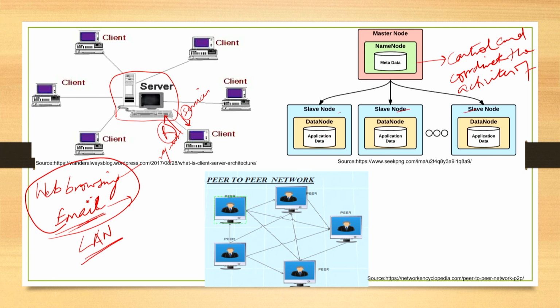Resource management, centralized control, load balancing, fault tolerance, everything is done in the master slave architecture, and it is the responsibility of the master for tasks like resource scheduling. So, this will be done by the master itself, not by the slaves.